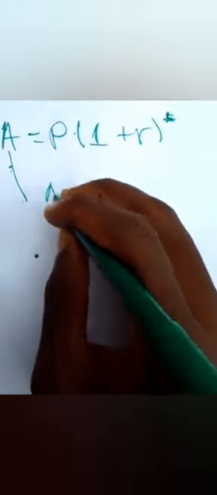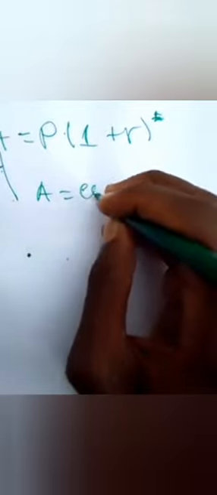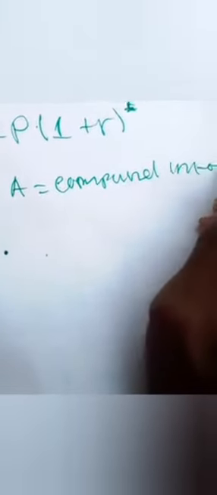Now, what do these mean? A means, let me write A. A is equal to compound interest. In the previous example that I showed you, the realistic one, compound interest is that amount that we eventually had after investing 5,000 for 3 years, which was increasing by 10%.